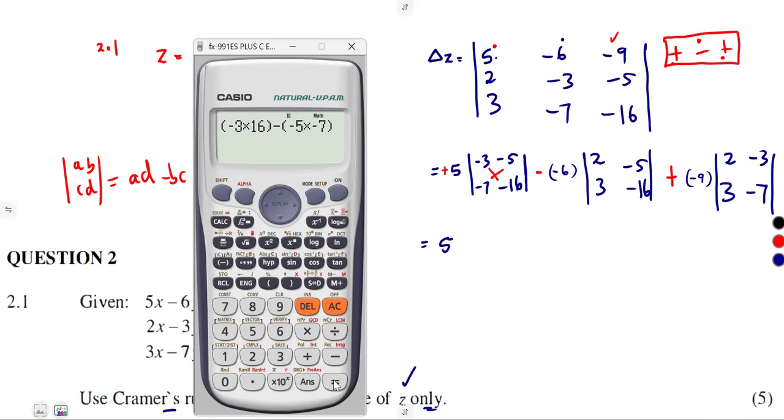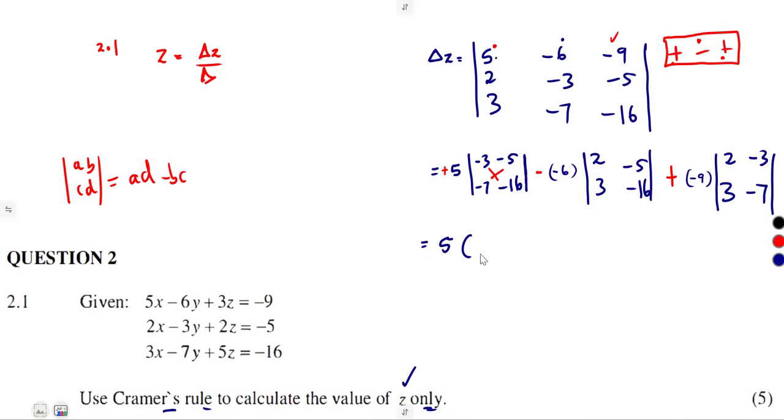So that was going to give us -16 minus 16, so that's positive 13.